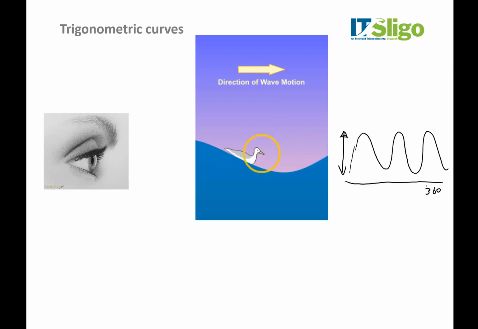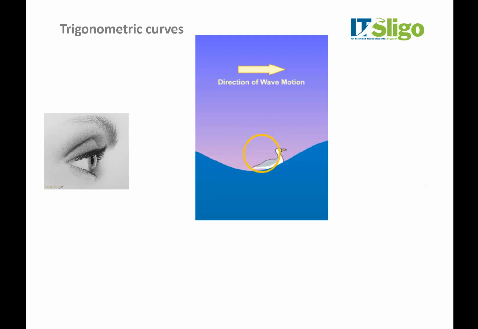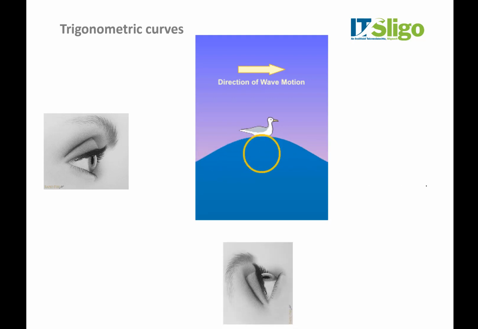But also what sometimes you mightn't realize is there's also a similar pattern, but it's a side to side motion. It moves along the x-axis, and this also produces a waveform.